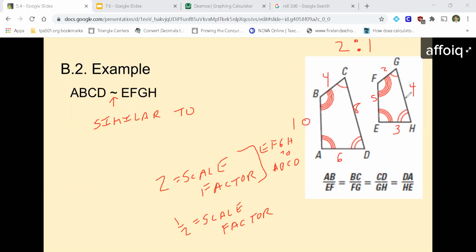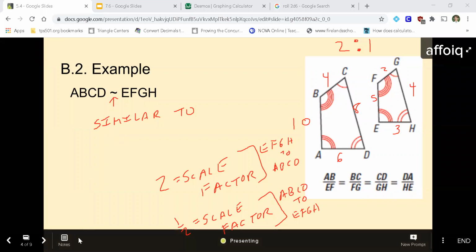If I was making this polygon into this one, I would multiply all the sides by 2. And then this would be the reverse, ABCD to EFGH, dividing each of these by 2. I'll give you another minute or so to copy this down before we move on to the next slide.